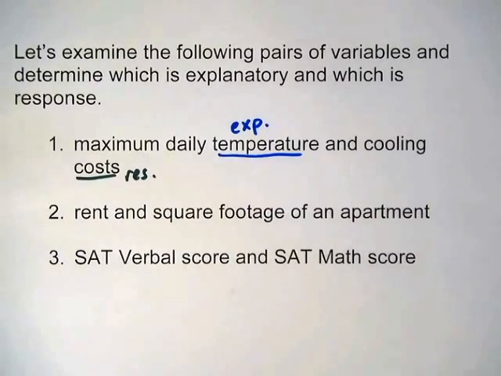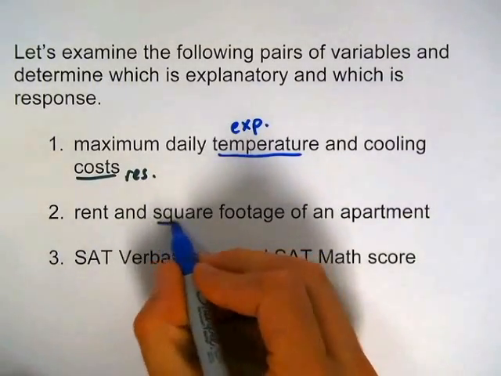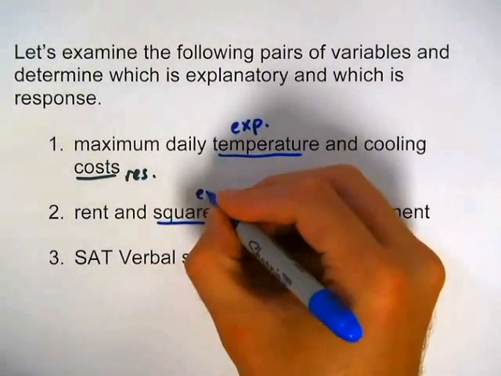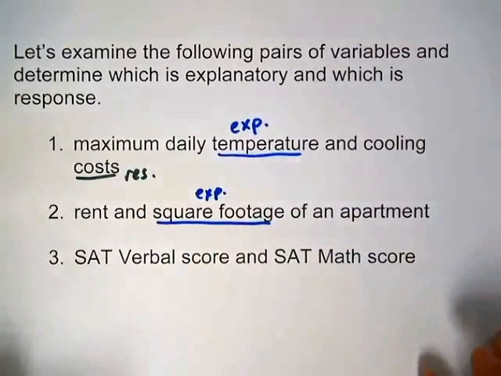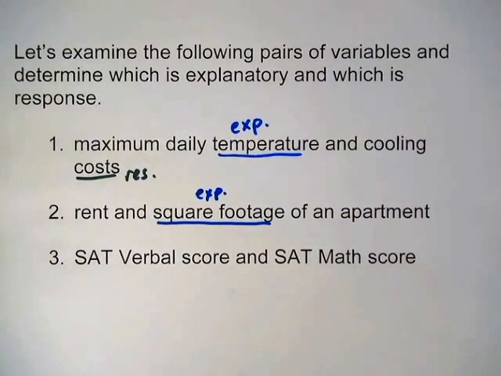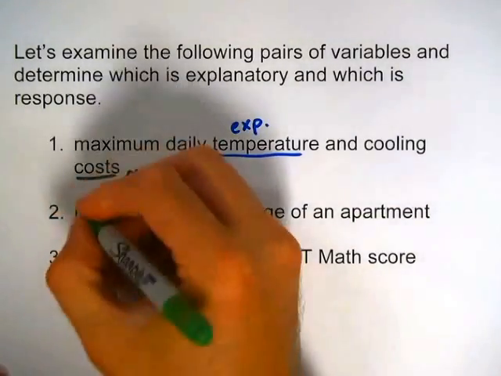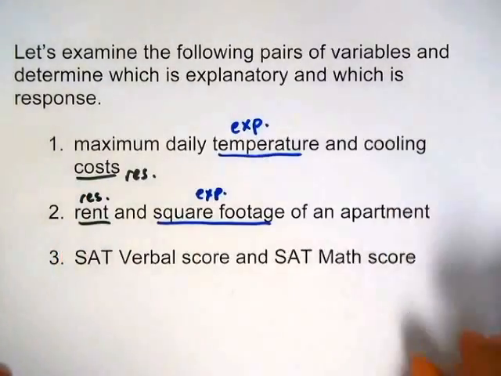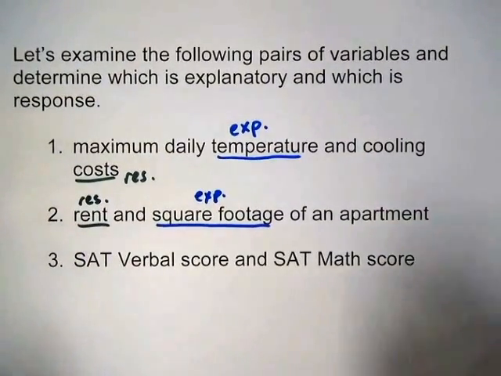Okay, and I would say that your square footage is your explanatory variable. Okay, generally as the square footage goes up, the rent of the apartment will also go up. So the bigger the apartment, the more expensive it's going to be. So then the rent is what's going to reflect the effect. So the rent is the response variable.